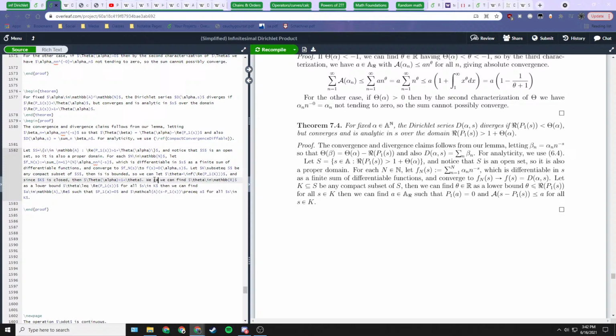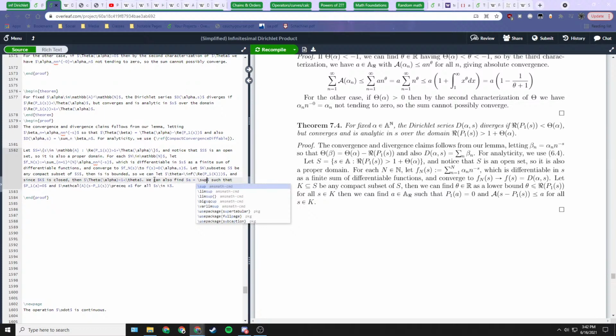We can also find A such that A is the supremum of the set of S minus P1 of S such that S is in K.